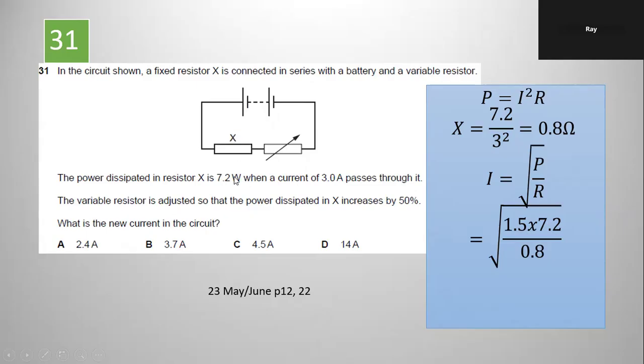And R is 0.8. R hasn't changed, right? The resistance of X hasn't changed. It's always the same. It's only that we change the current, that's all. Can. Yep.